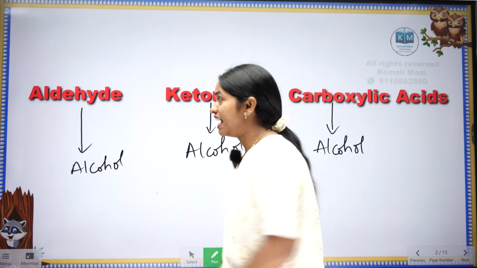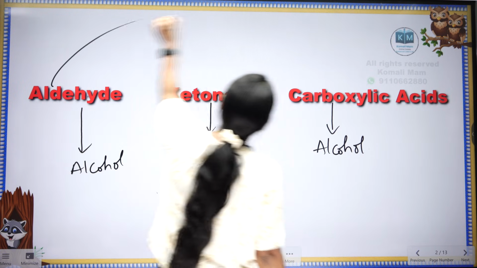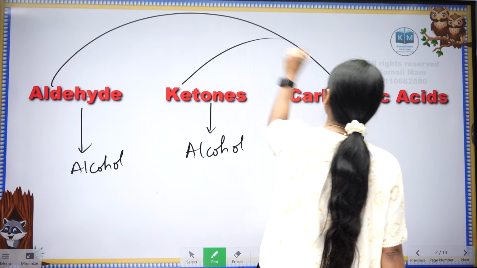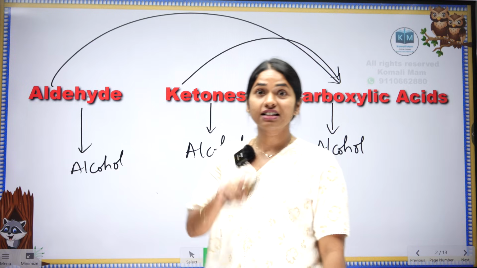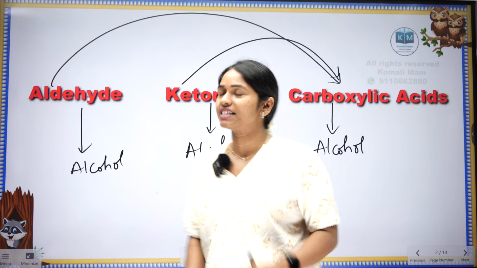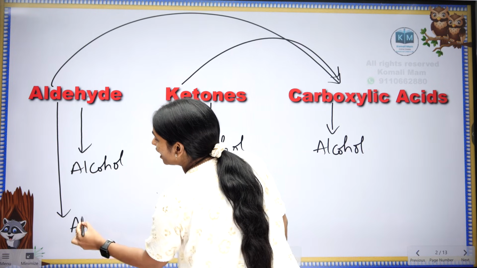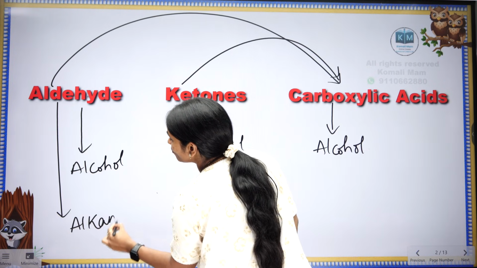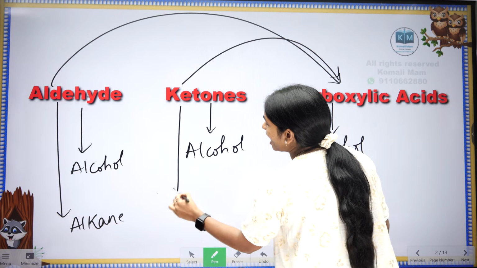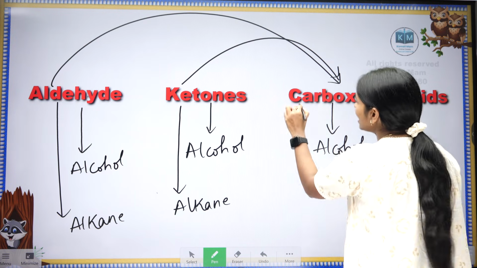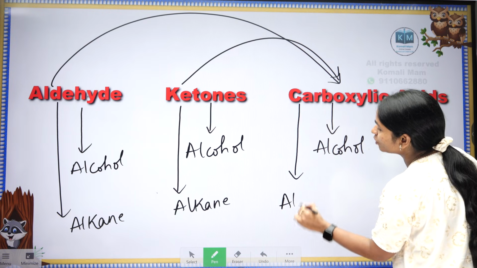3 conversions, right? Either aldehyde directly to carboxylic acid, 1 conversion. Ketone directly to carboxylic acid, another conversion. Total 5 conversions I gave you. Next, aldehyde directly they can ask you to convert into alkanes, ketone directly into alkanes, and carboxylic acids into alkanes.